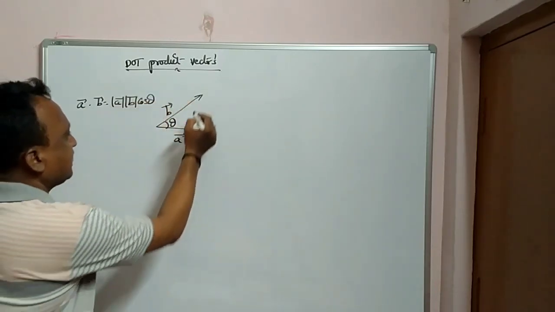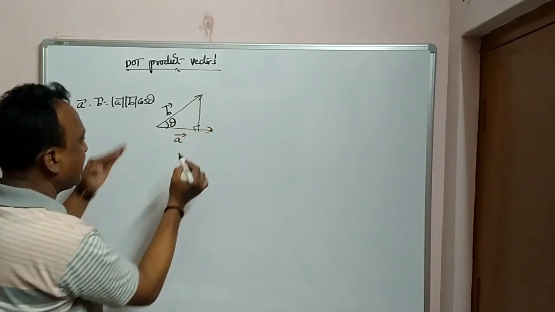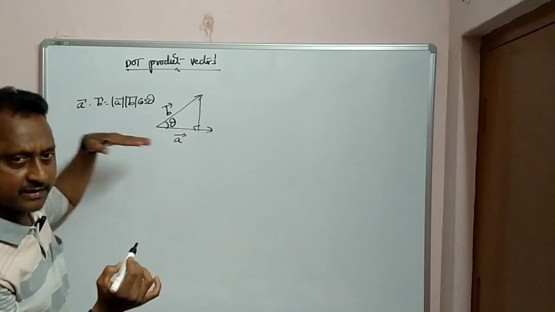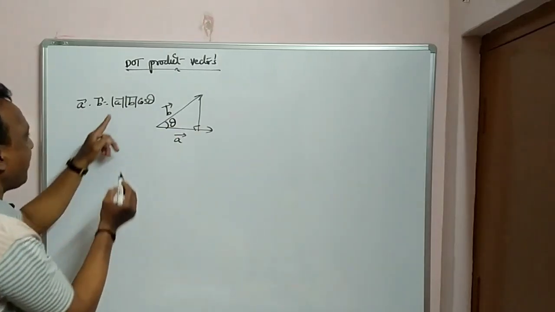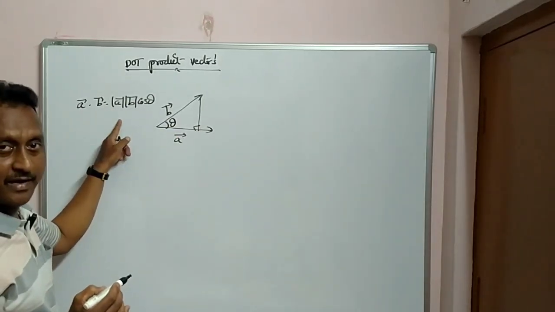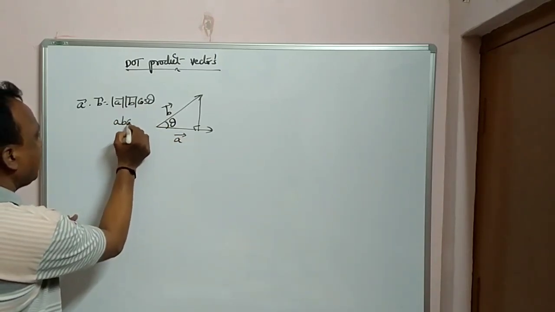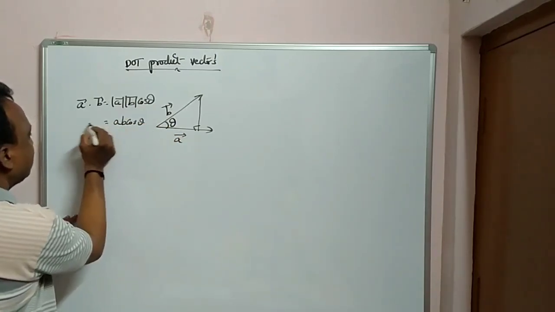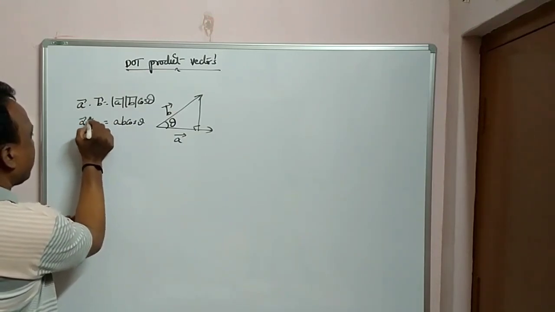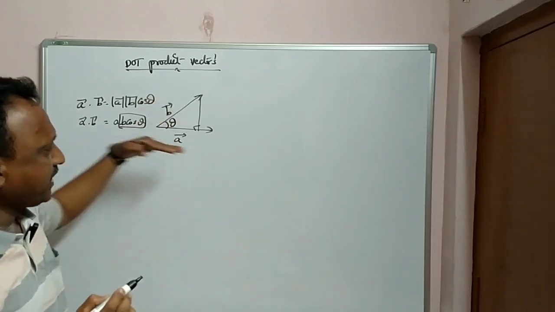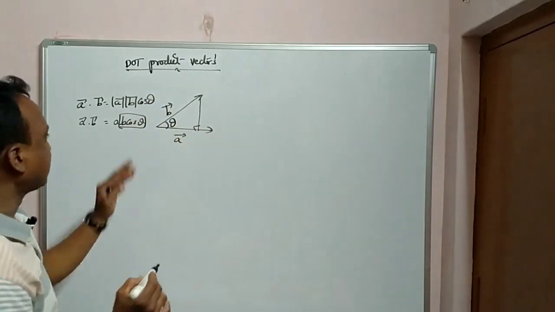That means the component of b vector along a vector is nothing but the magnitude of the vectors a bar, b bar and the cosine of the angle between them. So finally you will get ab cos theta, which is equal to a bar dot b bar. You can see here, b cos theta is the component along a vector. So this is a dot b.